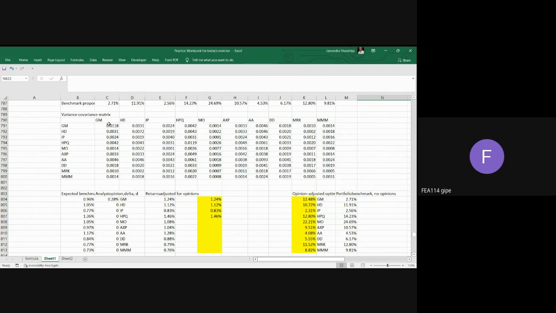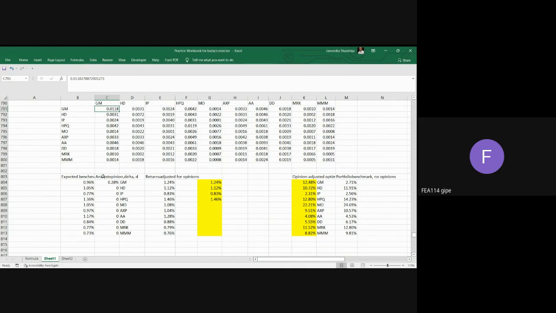So for example, in this particular column, we'll divide this column by the variance of General Motors, and then we'll see the value. In this particular case, we'll see the variance covariance getting divided by the variance of Home Depot. In the third, we'll get the whole variance covariance divided by the variance of IP, and so on and so forth. So this is how we do this.